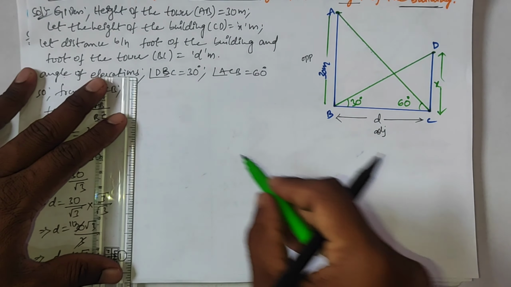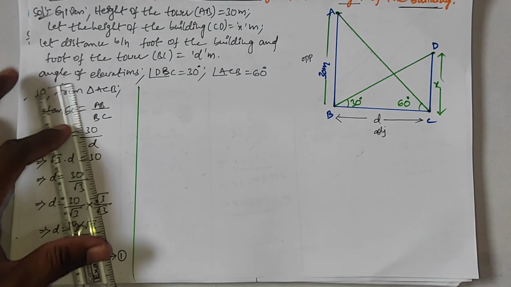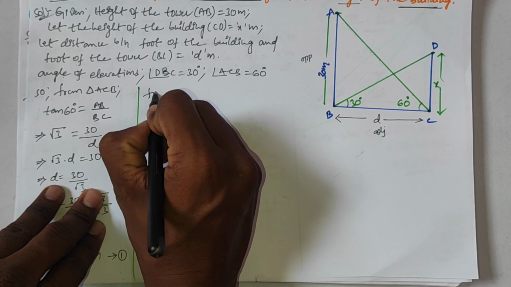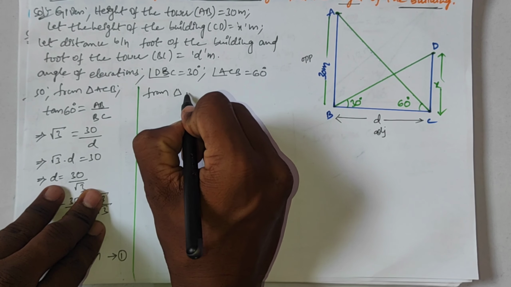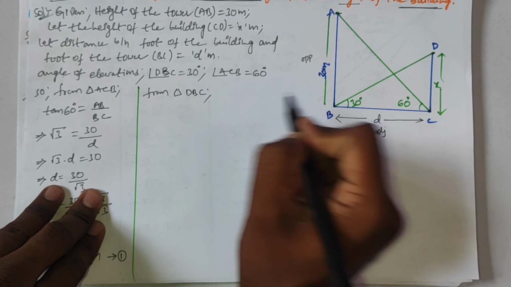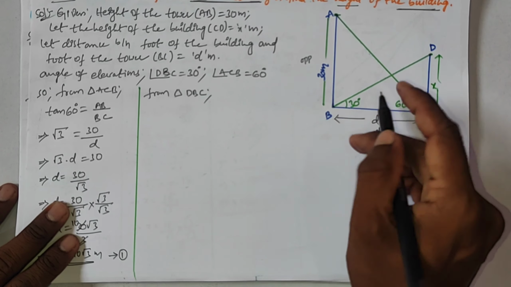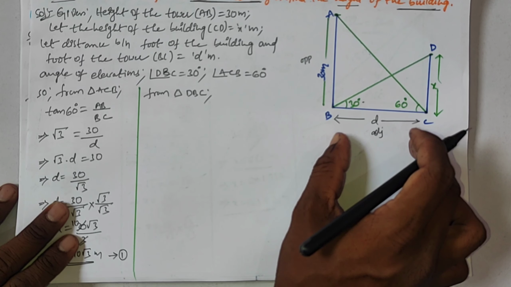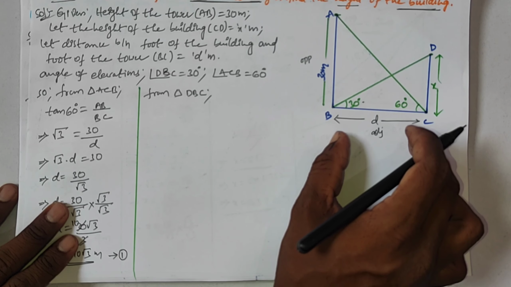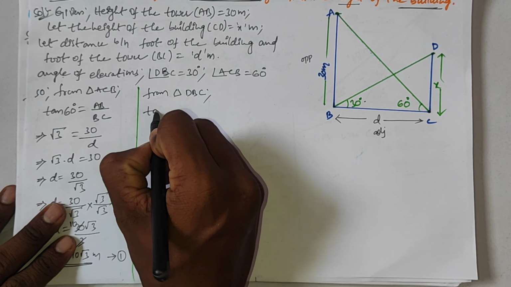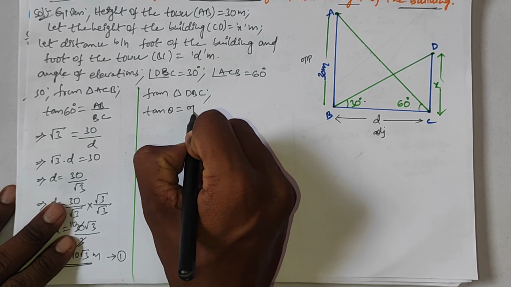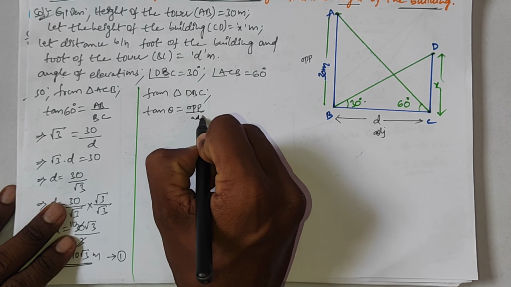Next, with respect to 30 degrees, that is, angle DBC, from triangle DBC, the opposite to the adjacent, again we consider the tan ratio. Tan theta is equal to opposite by adjacent.